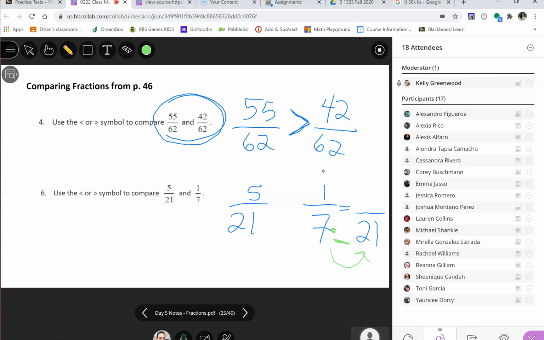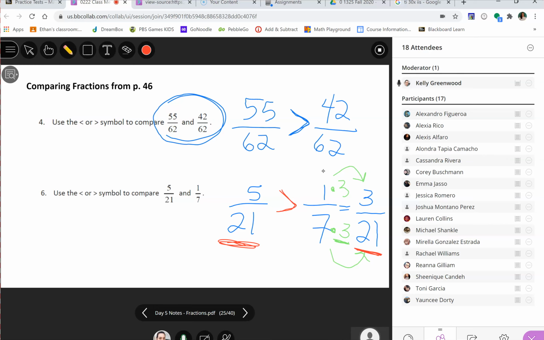That turns out to be 7 times 3, right? So then you would do 1 times that exact same number to get the new numerator. So 1 out of 7 is the same as 3 out of 21. And then it's easier to compare the two fractions, right? Comparing 5 to 21 and 3 to 21 is easy. I can see 5 out of 21 is bigger.